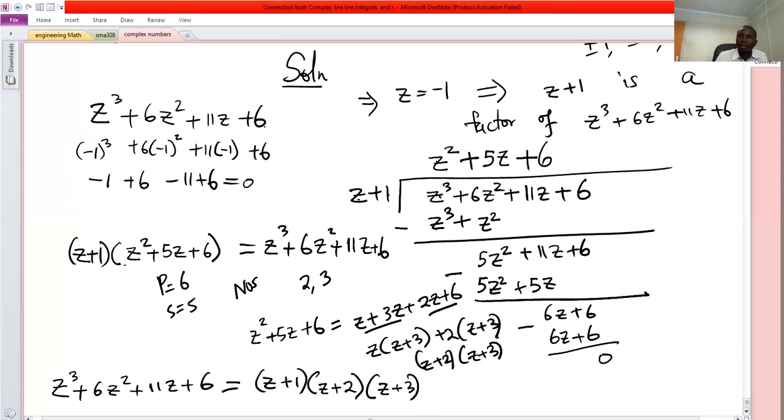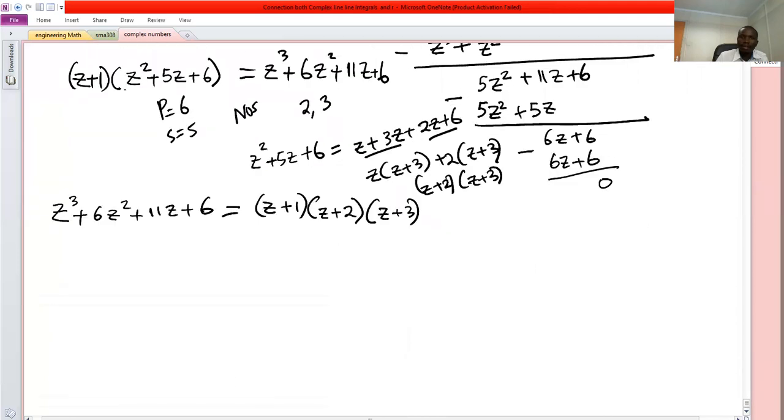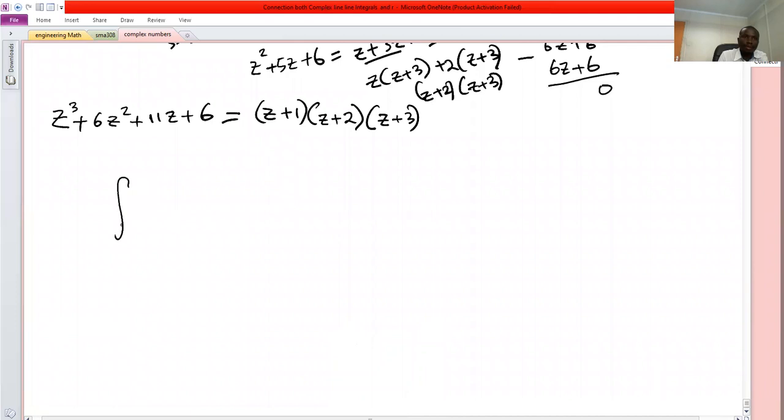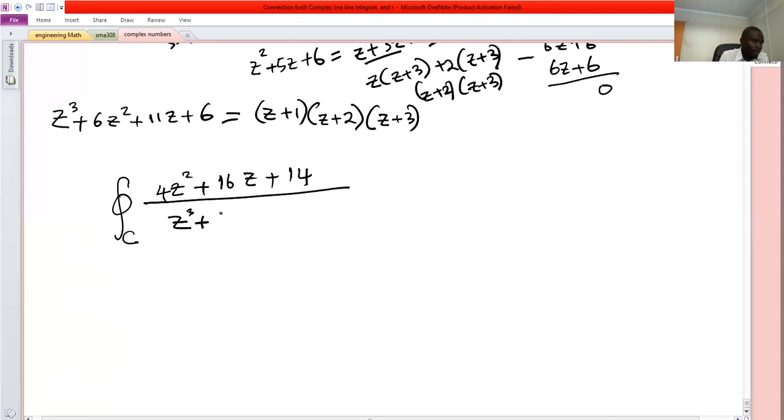So therefore now we can rewrite our function. It's like we have the integral along C. The numerator was 4z² + 16z + 14, and then the denominator z³ + 6z² + 11z + 6.